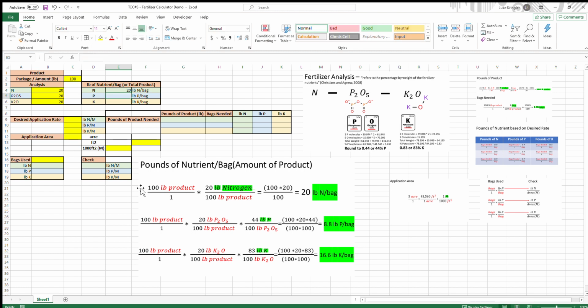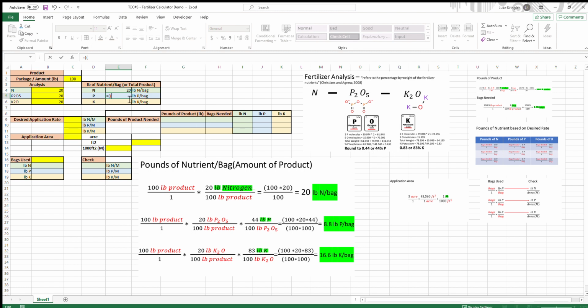Now if we move down to phosphorus, we're going to go equal sign. I'm going to open up two parentheses because we're going to have an extra factor in our equation. In a fertilizer analysis, the second number is P2O5. So what we have to do is break that molecule into its elemental form, adding the weight of the phosphorus and the weight of the oxygen, and doing so shows us that in one molecule of P2O5 there's 44% phosphorus.